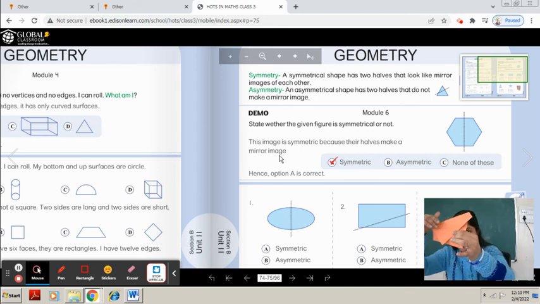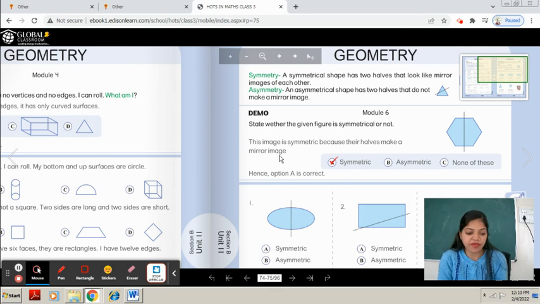You can see, students, that this half doesn't cover the other half, means this shape is asymmetrical. So in simple words, if one half completely covers the other half, that shape is a symmetrical shape.